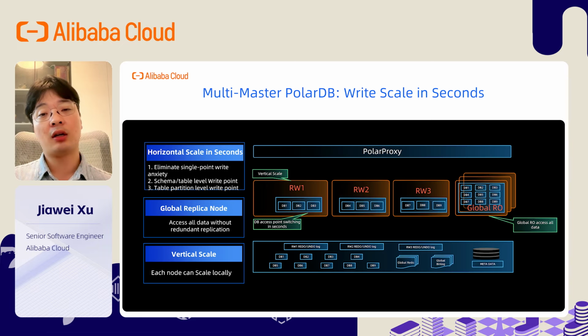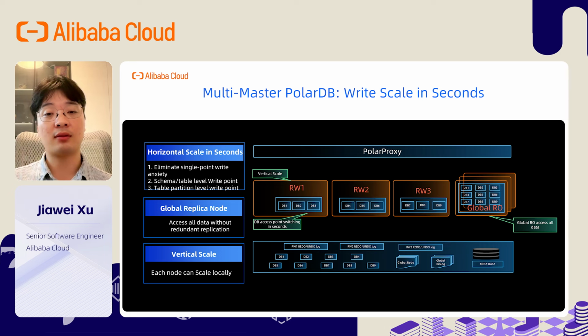A multi-master PolarDB cluster can also be serverless, and all its scaling is in seconds. Multi-master can eliminate single point write anxiety and supports schema, table, or even table partition level write points.